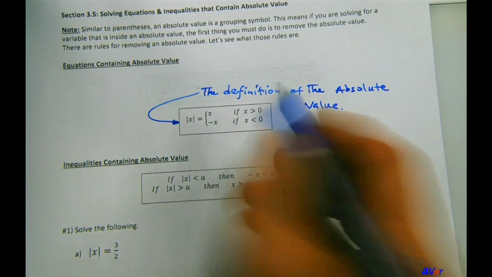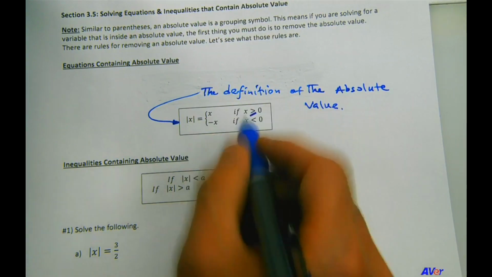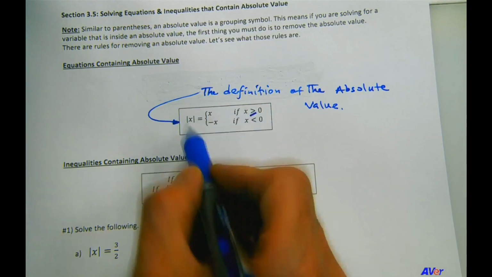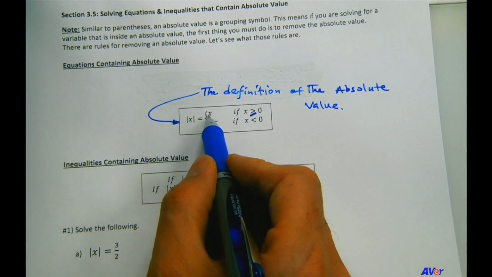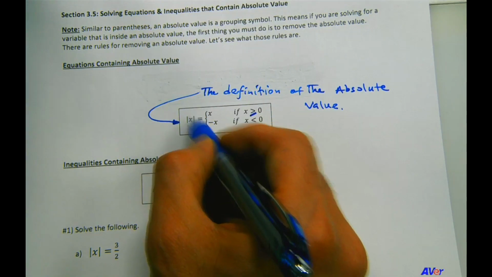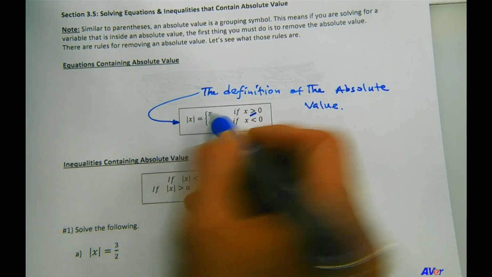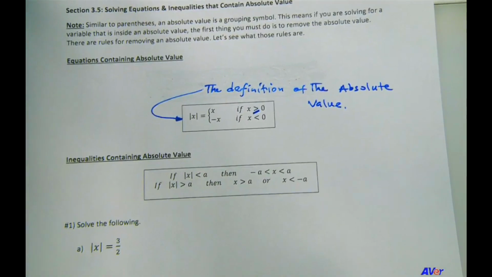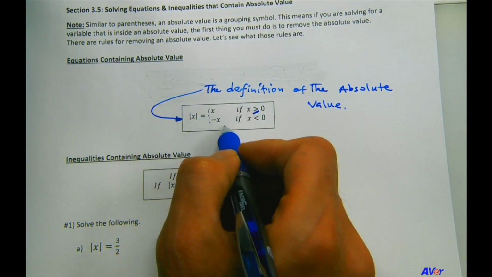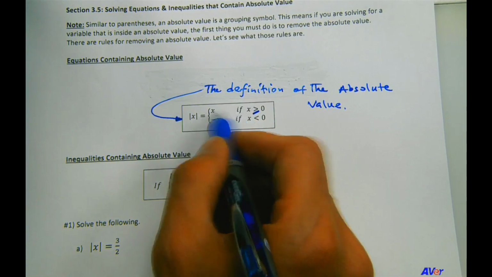Okay? As a matter of fact, we can put an equality symbol under that too. So if x is greater than or equal to 0, then the absolute value of x equals x. All you have to do is just remove the absolute value notation and you get one of the solutions. You get one of the solutions if x is greater than or equal to 0. So we don't know what x is, right? X is a variable.